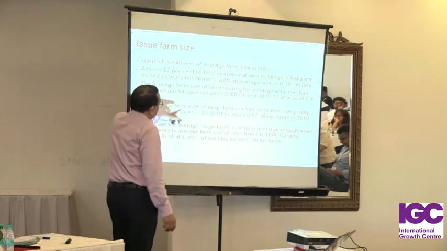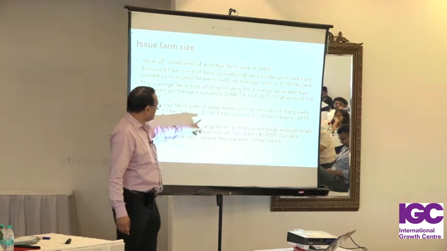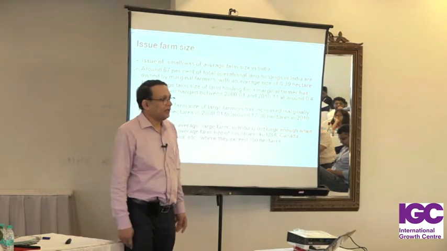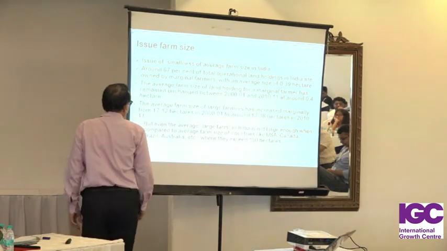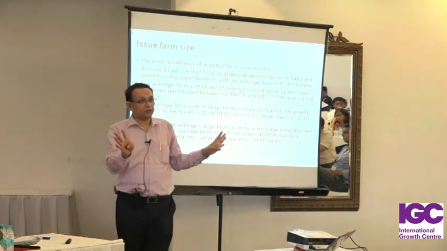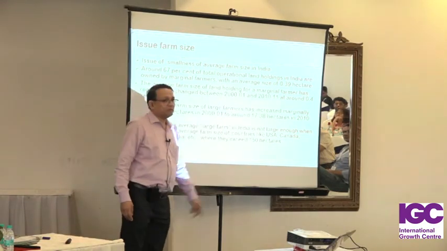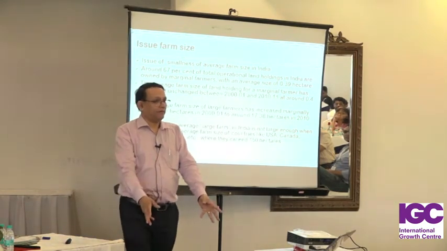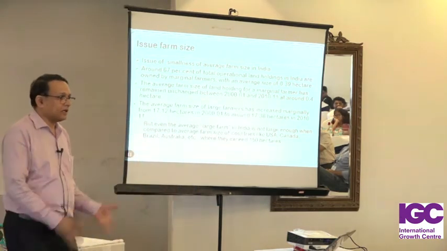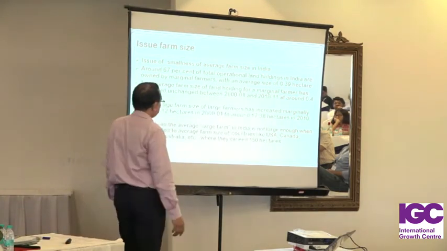The average farm size of large farmers has increased marginally, from 17.12 hectares in 2001 to 17.38 hectares in 2010-11. This is the average size of what you call large farms. But even these large farms in India are small, because there are countries where the farm sizes are far, far larger.